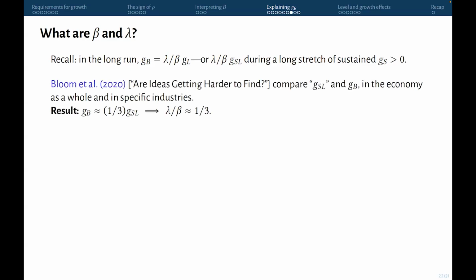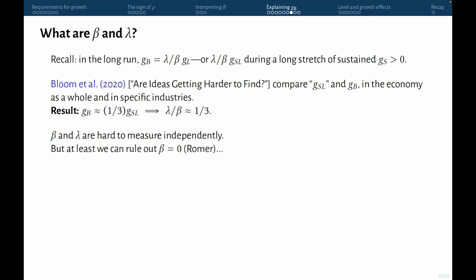This paper, Are Ideas Getting Harder to Find, from a few years ago, does this sort of calculation, obviously really simplifying. The number of researchers has been growing at like 6% a year, and output per person, aka equilibrium labor augmented technology, has been growing at like 2% a year. So lambda over beta has been a third.